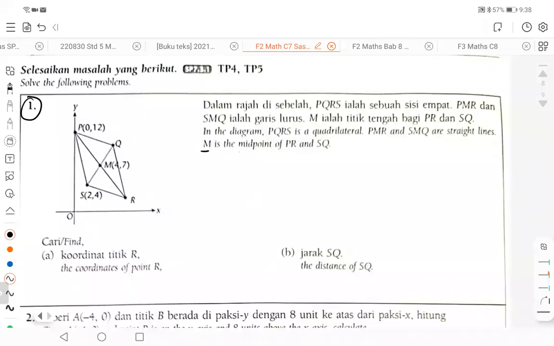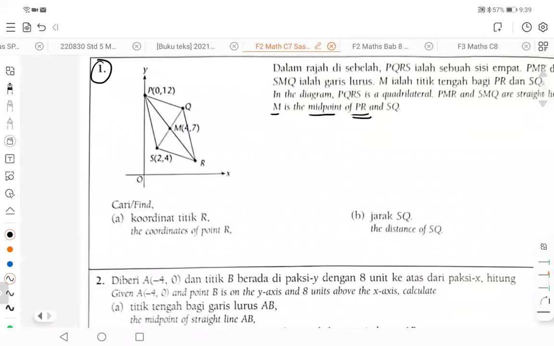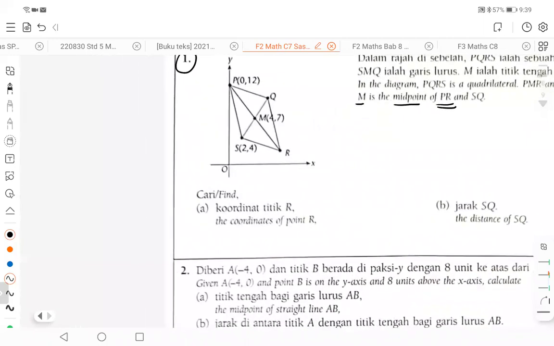M is the midpoint of PR. Use the technique I showed you just now. You already have the coordinate of P. Midpoint, you have the coordinate also. R, you do not know, let it be x, y. So how to find point R?